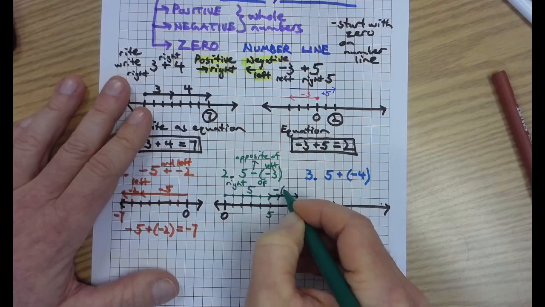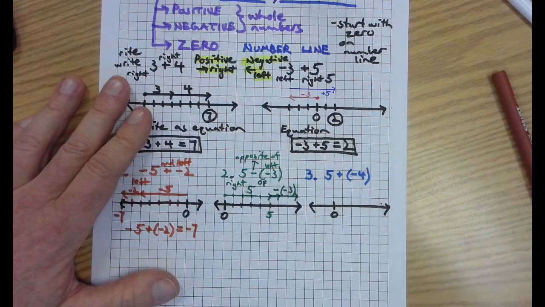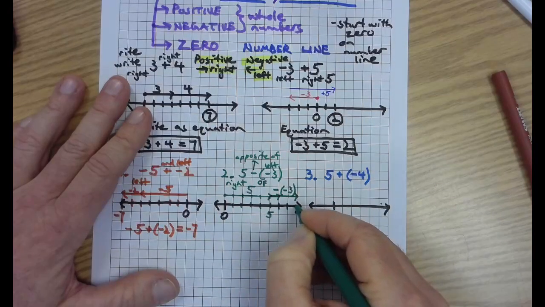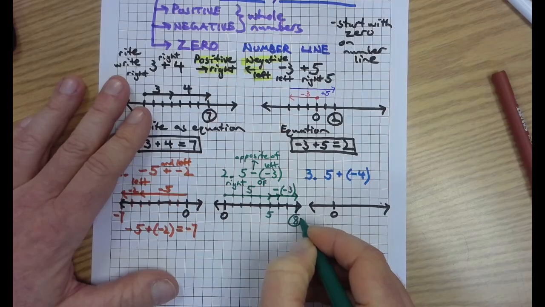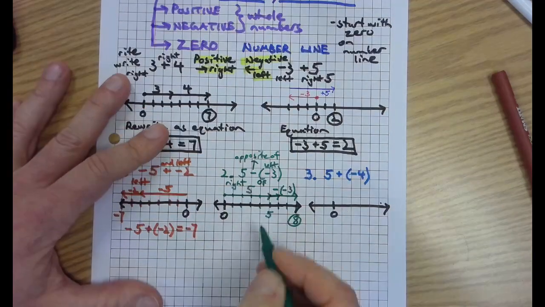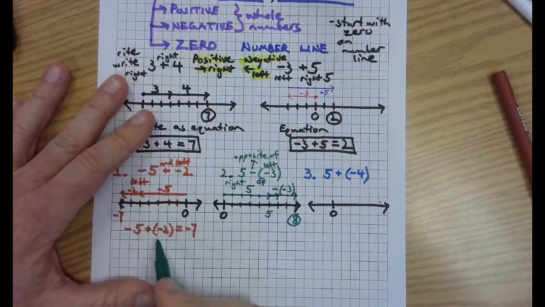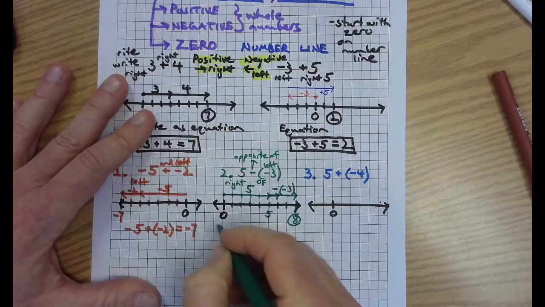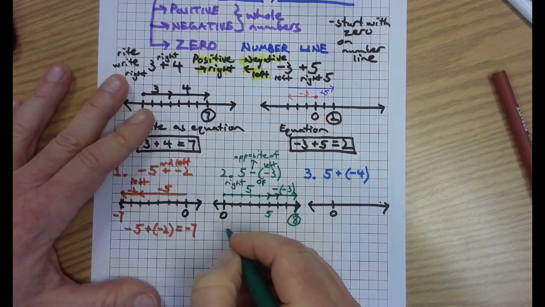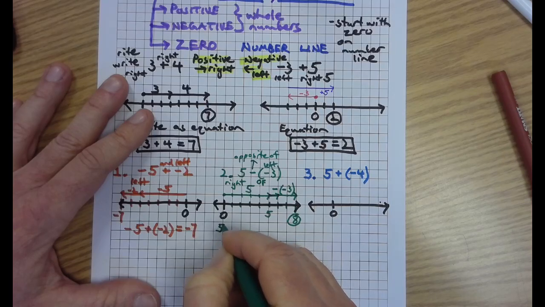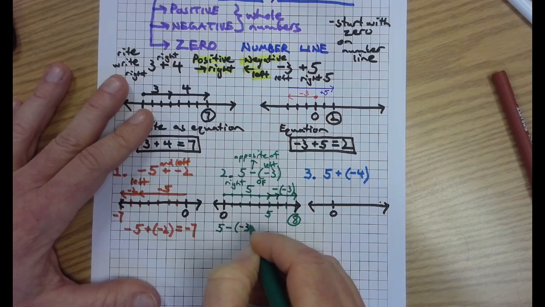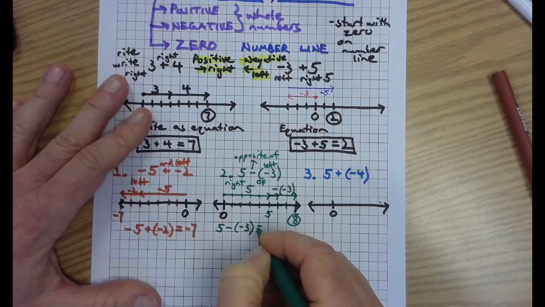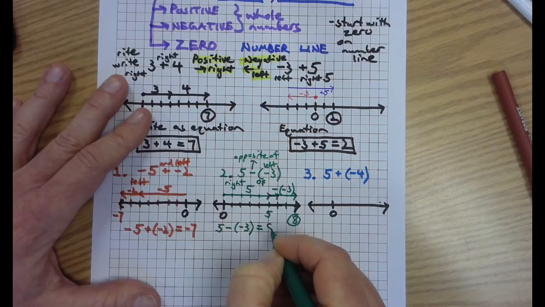Opposite of left 3. Which lands me at 8. Let's clean this up and write the equation. You make your mess on the number line and use the equation to make it look all perfect. So, right 5, opposite of left 3 lands me on right 8.